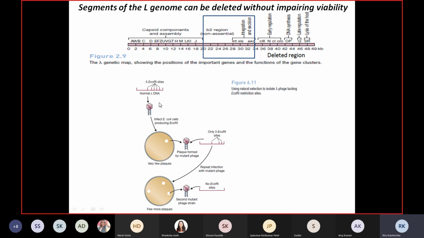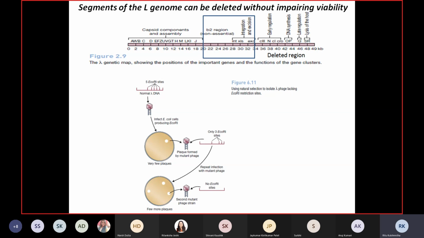What they did was, this is the lambda phage genome, they infected the bacterial cell, in this case E. coli, with this lambda phage. Because they infected bacteria which had EcoR1, they selected a bacteria which codes for EcoR1. So when this phage injects its DNA into the bacterial cell, most of the phage DNA will be degraded.